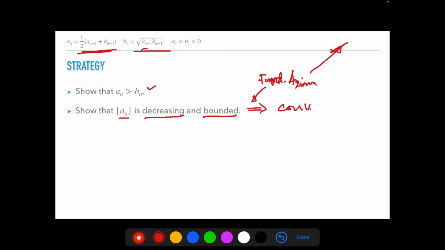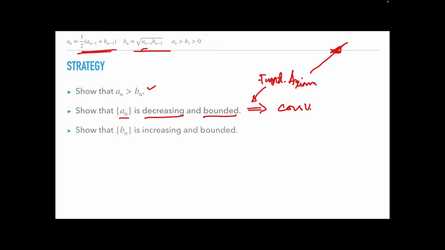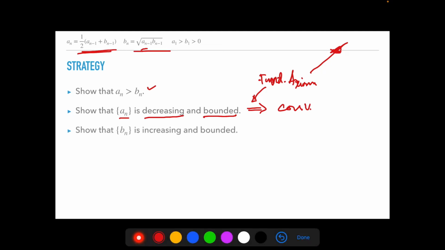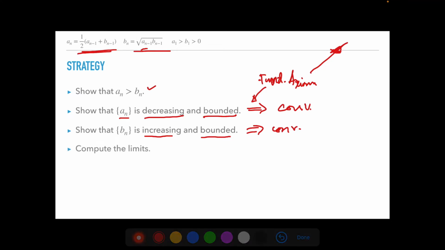And I'm just going to put a link here to our video on that. Then after we've done that for a sub n, we're going to do the same for b sub n. We're going to show that b sub n is also convergent and it is increasing and bounded. And lastly, we're going to compute the limits of both sequences and show that they are equal.